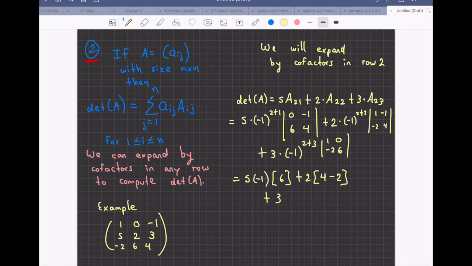Plus 3 times -1 raised to 5, so it's going to be -1, times 1 times 6 is 6, minus 2 times 0, minus 0. And this becomes -30: 5 times -1 is -5, times 6, -30. 2 times 2 is 4. Plus 4, minus 18. And we have -48 plus 4, and this is equal to -44.